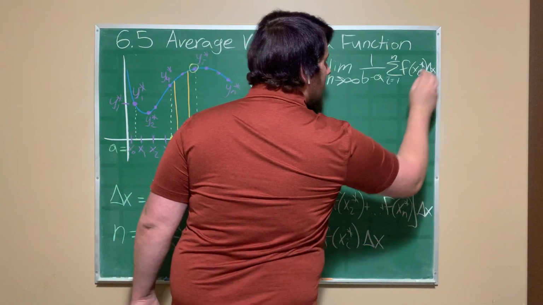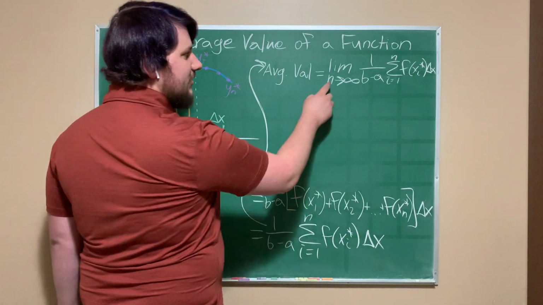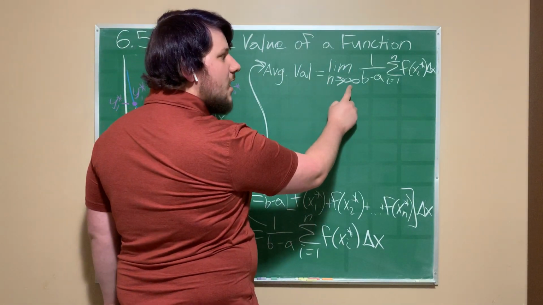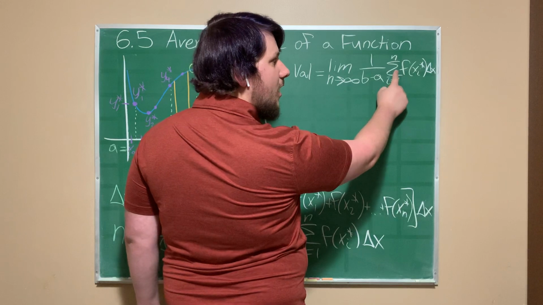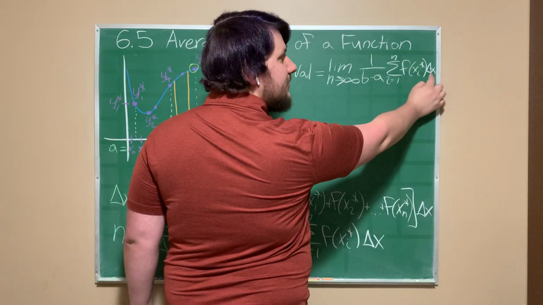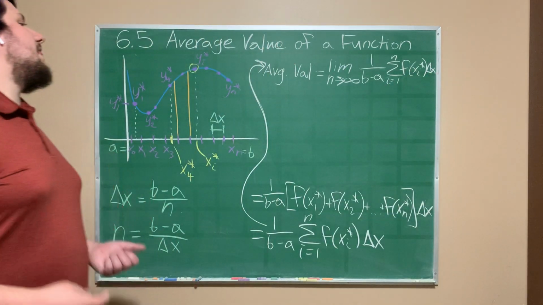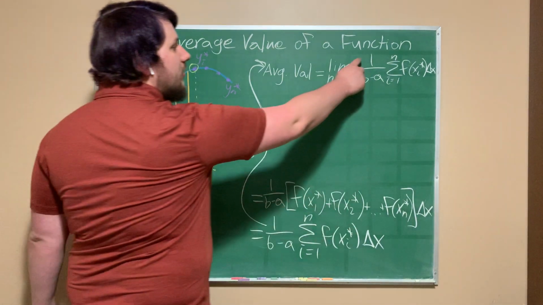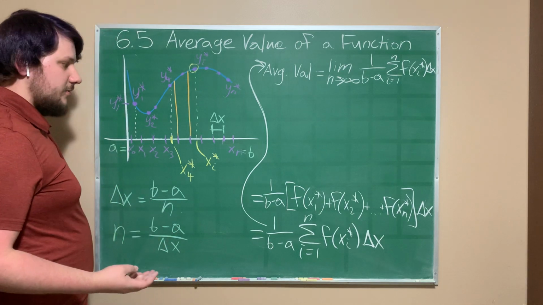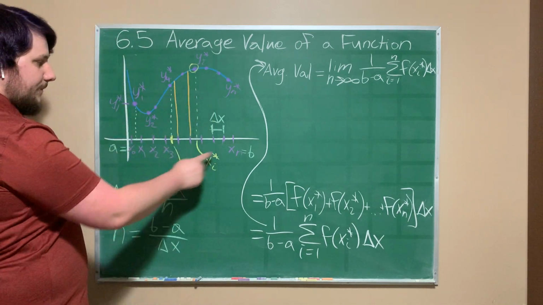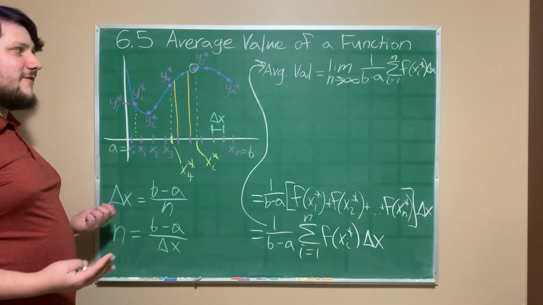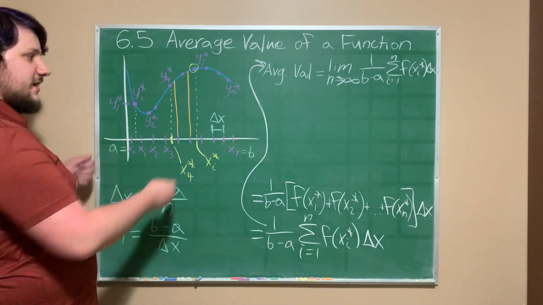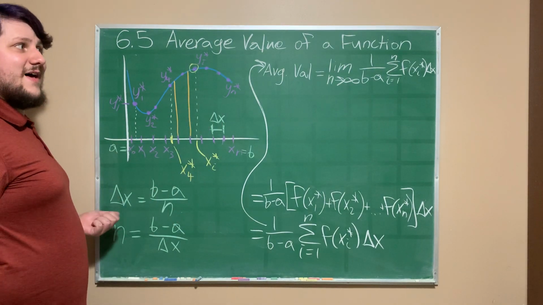Okay. And we know that any time we have a limit as n goes to infinity, where we have a summation of a function value times a number that's shrinking towards 0, that is the definition of a definite integral. The 1 over b minus a is actually a constant, right? For this particular problem, b and a should be fixed values. We're looking at a fixed interval here that we're trying to find the average value on.